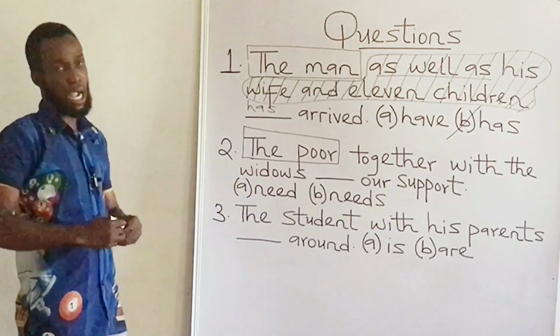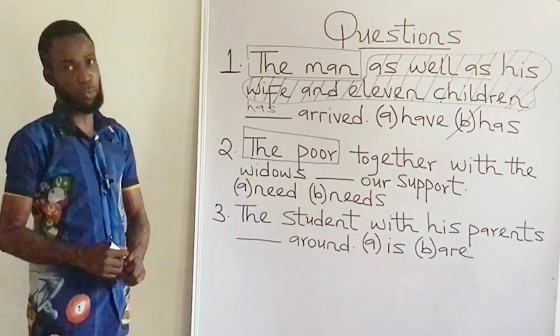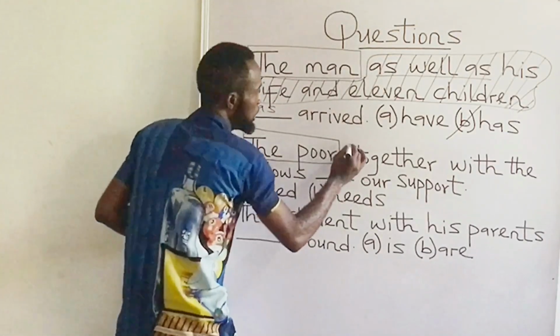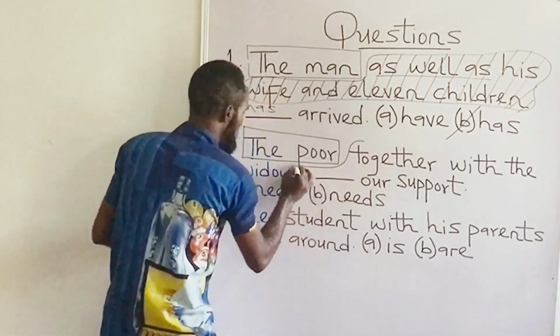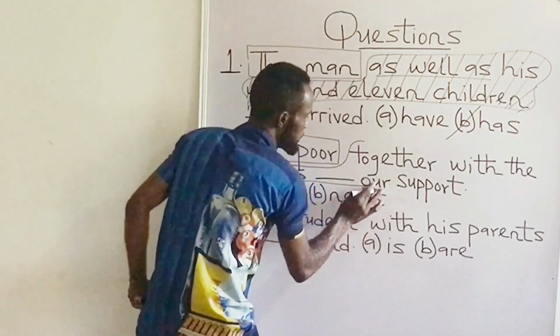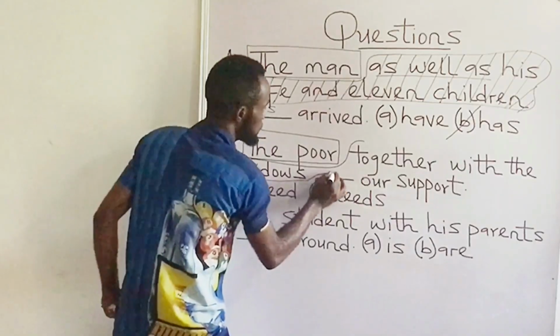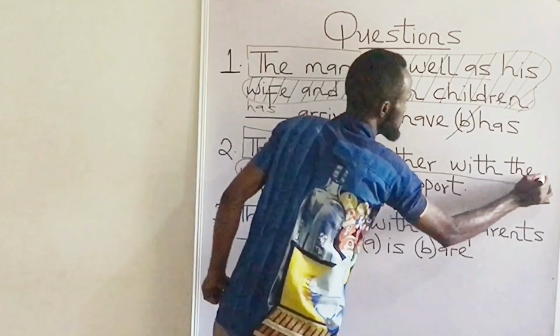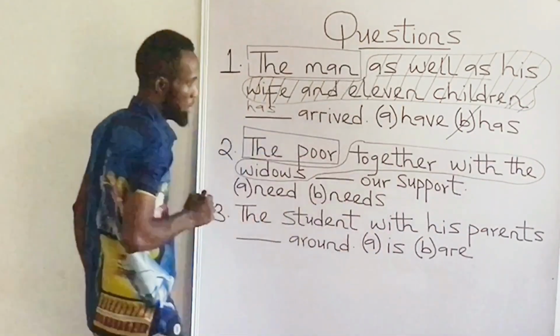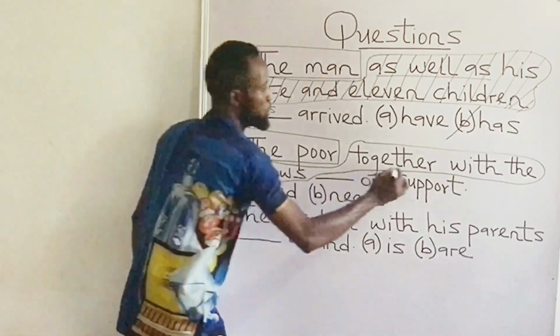This subject is accompanied by a prepositional phrase, and the prepositional phrase is together with the widows. The prepositional phrase begins with together with.